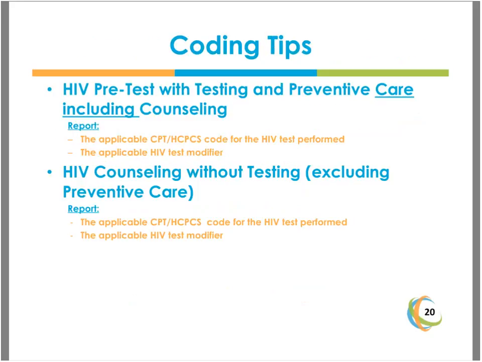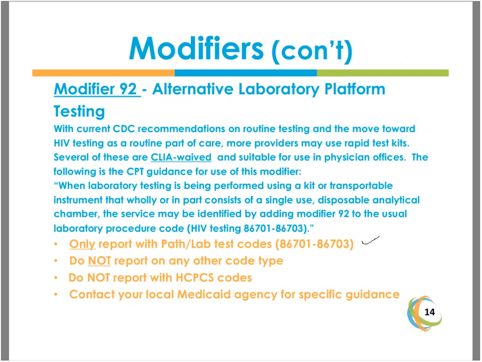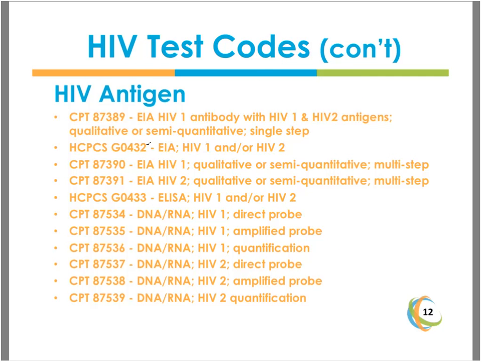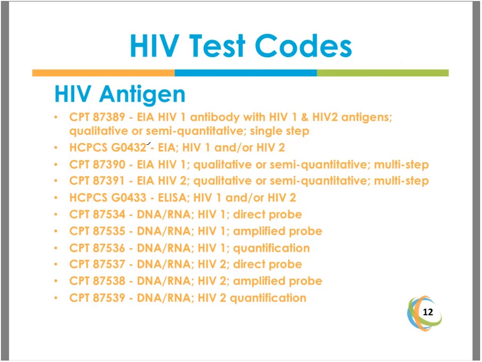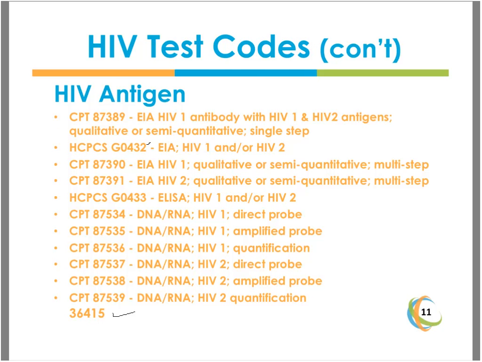HIV counseling without testing, where there is no preventative care. Again, you would utilize the same set of codes, your HIV antibody codes or your HIV antigen codes, depending upon the guidance from your local Medicaid agency.